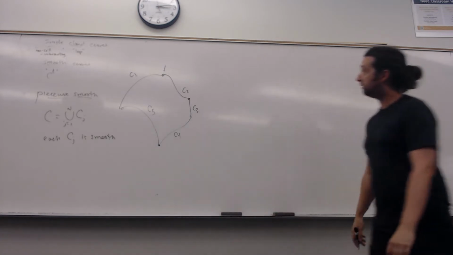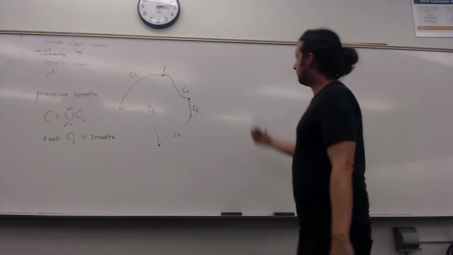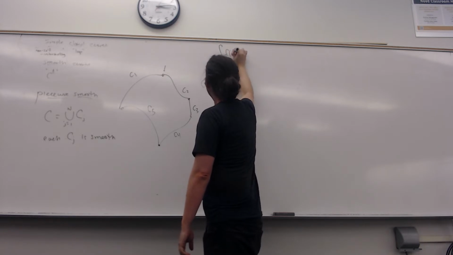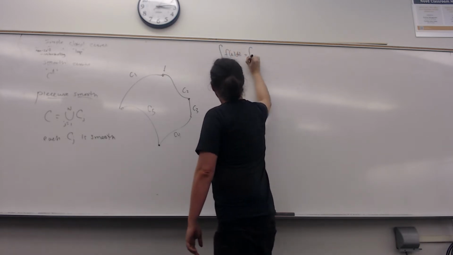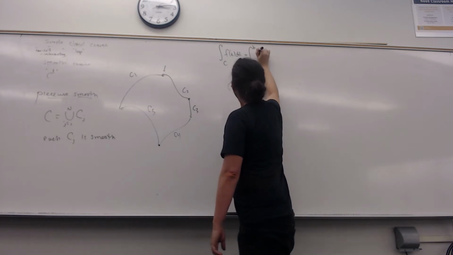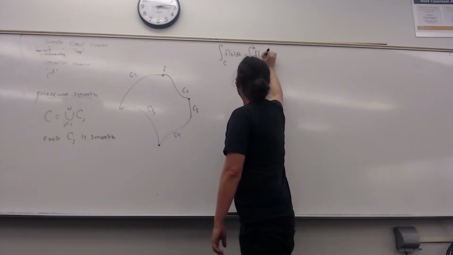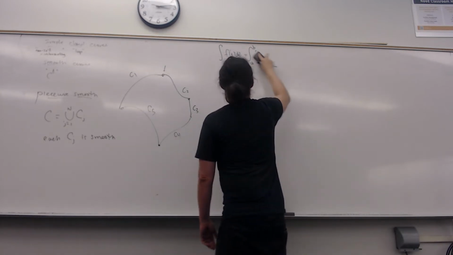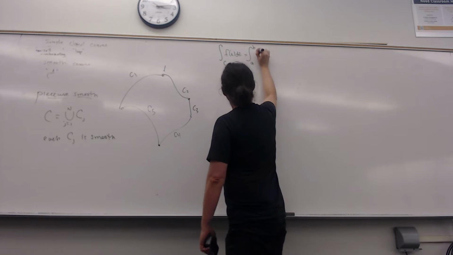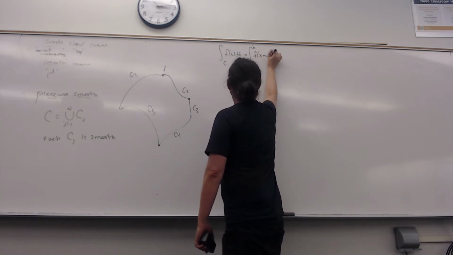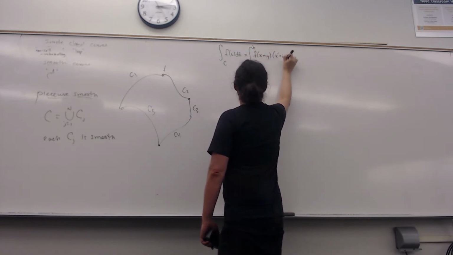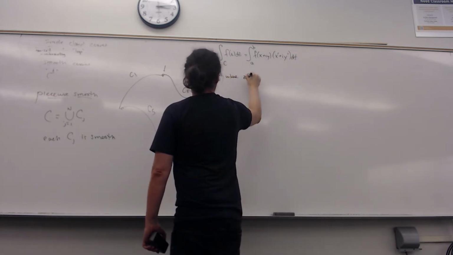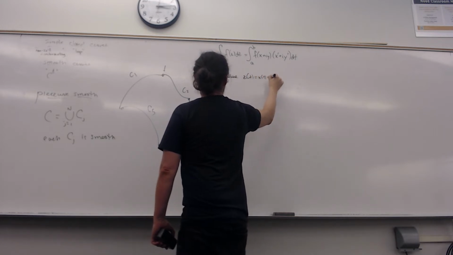Okay. So last time we set up the notion of integration. It said that the integral over C of f of z dz was equal to the integral from a to b of f of z of t, and the notation we set up was f of x plus iy times x prime plus iy prime dt, where z of t is equal to x of t plus iy of t.